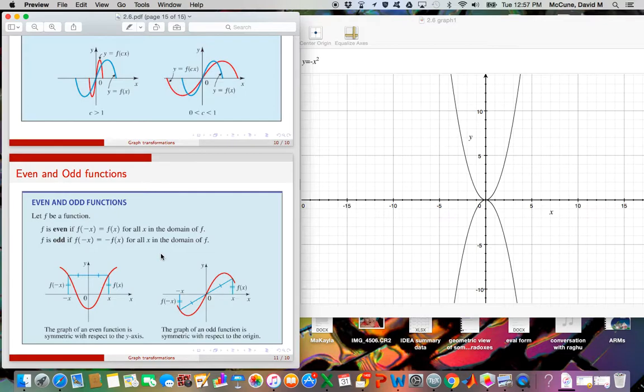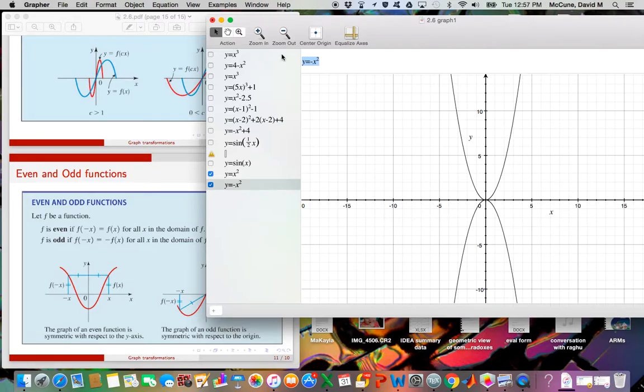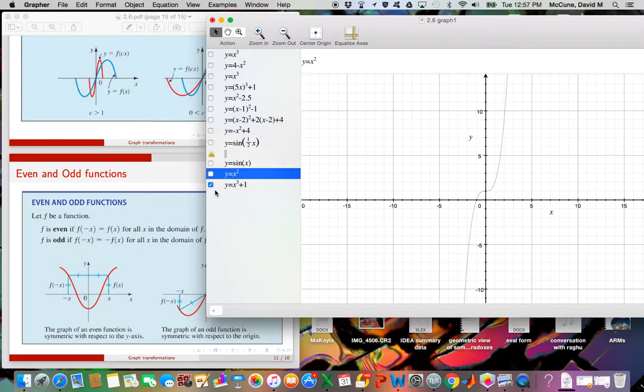Furthermore, there are some functions that are neither of these things. So let's think about x cubed plus 1 maybe. Okay, so there's that function. If I want to reflect across the x, I just put negative signs everywhere, right?